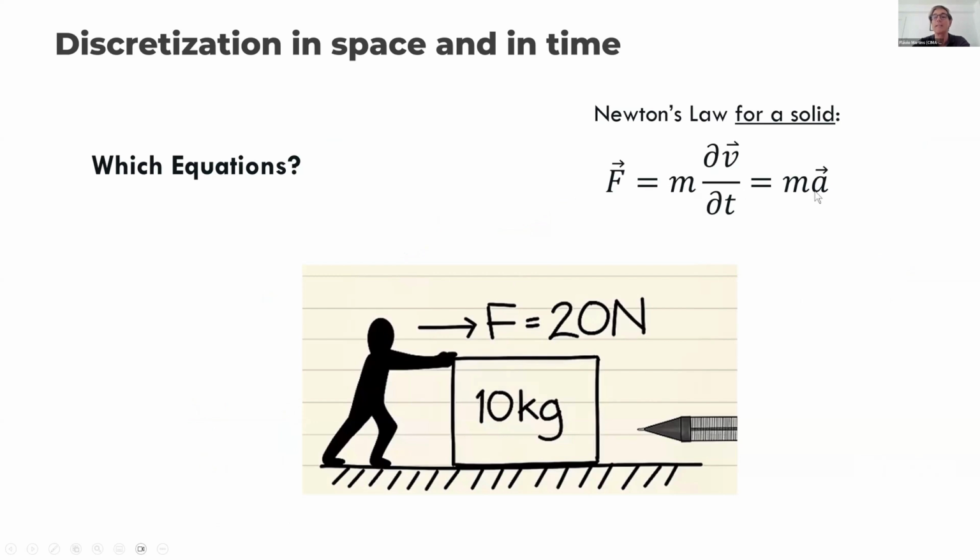Okay, we call it acceleration, but acceleration is the derivative of the velocity in time, okay? So this is very easy, and all of you have done it in high school using a solid. So in a solid, there is no question about this term. All the pieces of this solid move with the same velocity, right?